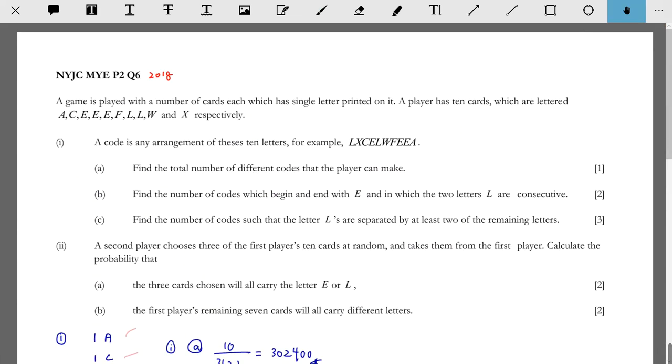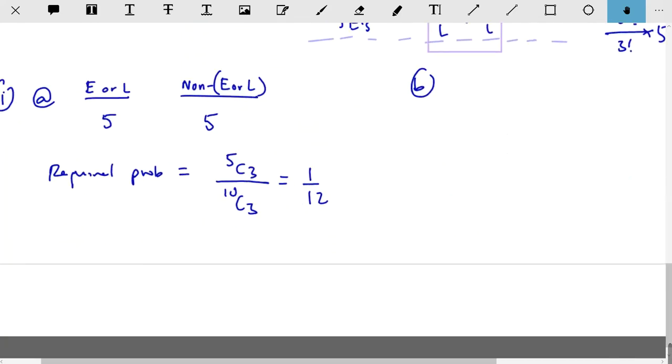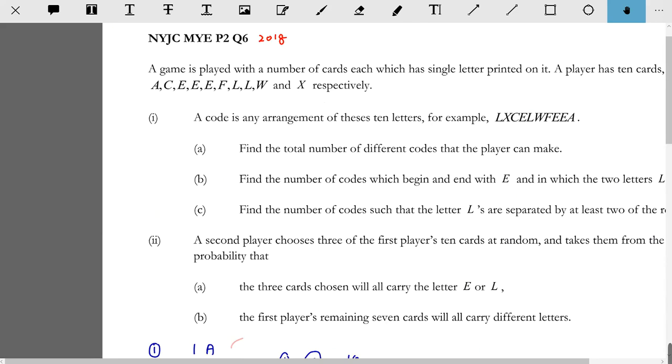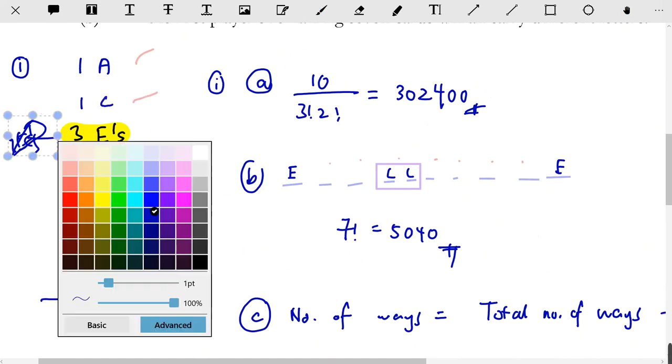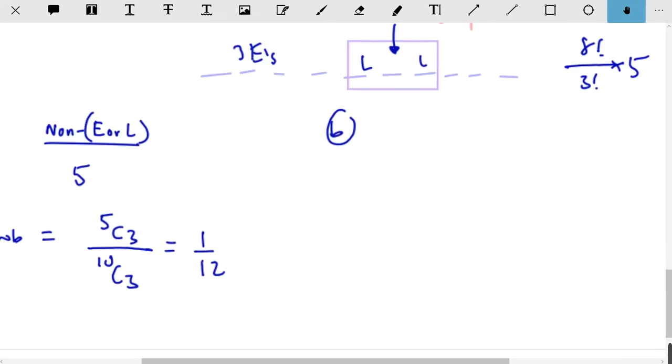Whereas for B, you're asking for the first player's remaining cards to all carry different letters. In order for that, you're predestined to pick up 2 E's and 1 L. So this guy has to pick up 2 E's and 1 L. I'm going to treat all the E's as distinct objects so that it's easier for me.